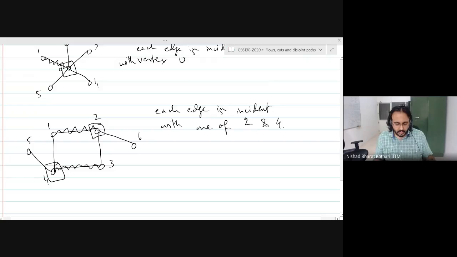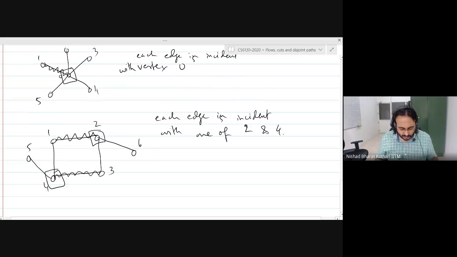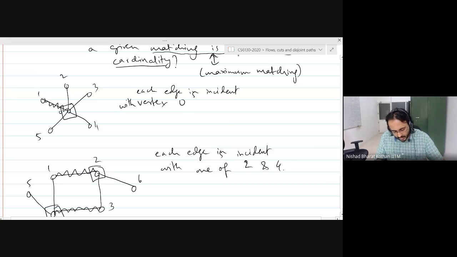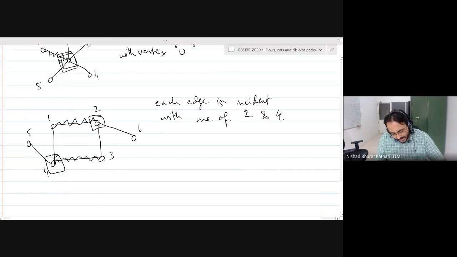Okay. So let's try to generalize these observations. What we are trying to do here is find a set of vertices such that every edge has at least one end in this set of vertices, right?